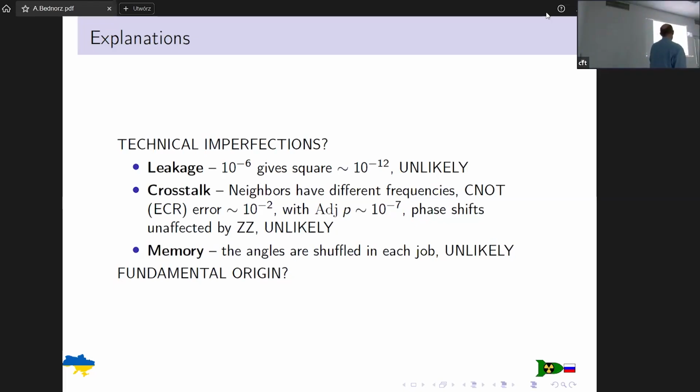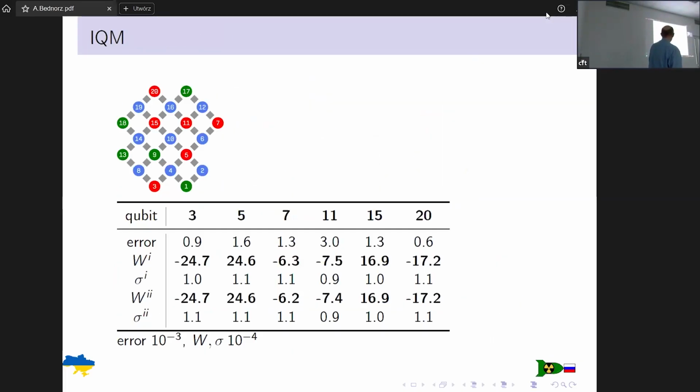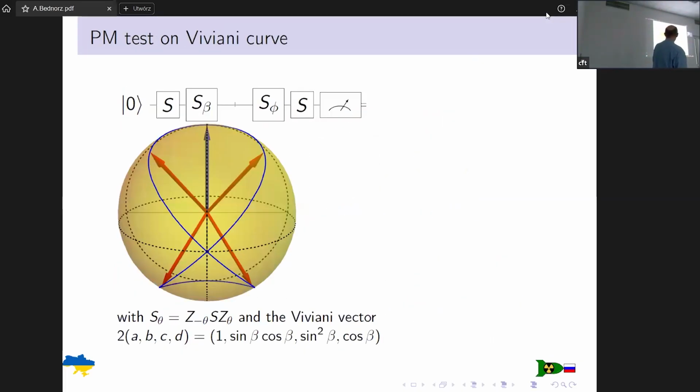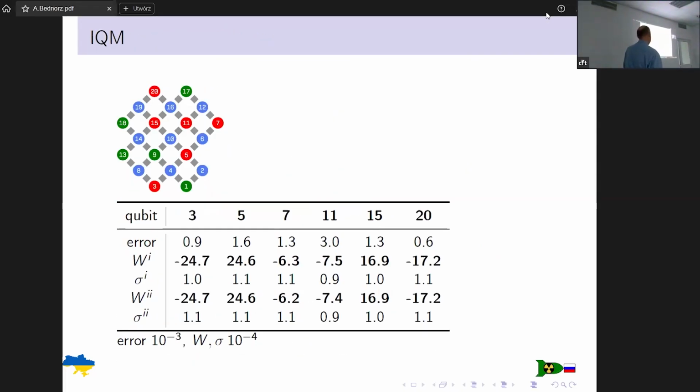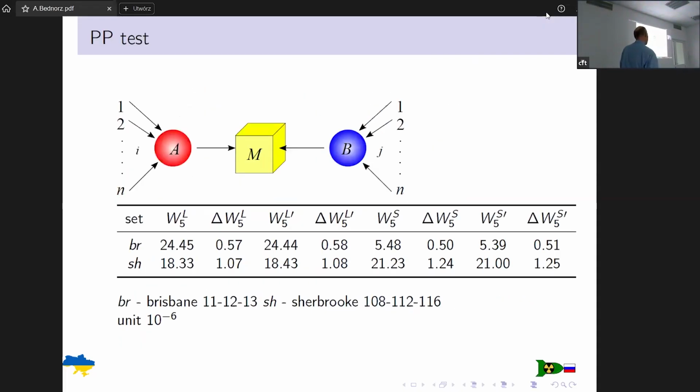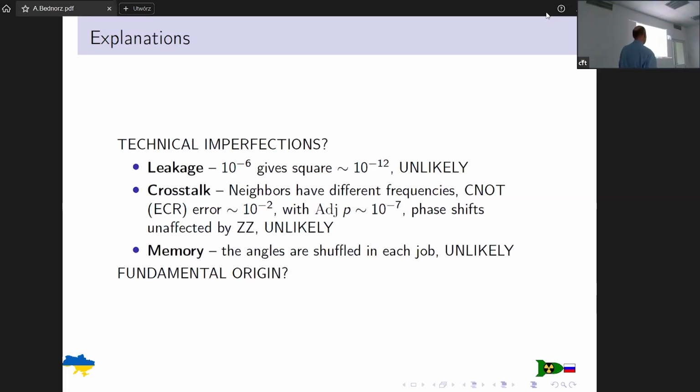And the final argument is, maybe let me go back to this Vivian. The only difference between these states is hidden in the phase shift. And if it's only the phase shift, then leakage would need to be coherent, which is not what we expect.